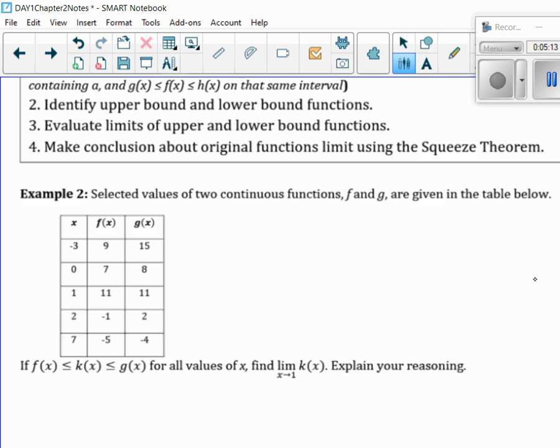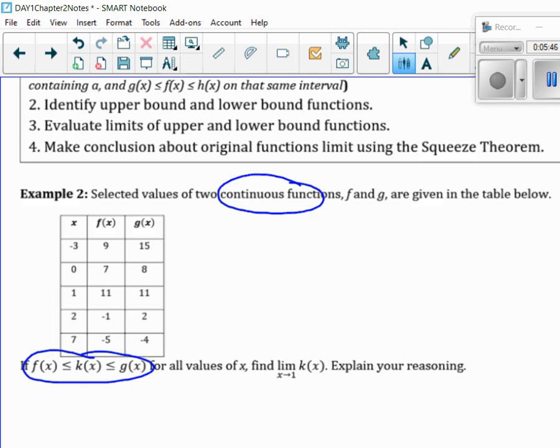The problem is they have to say it's continuous, and somewhere they have to state that the function you're talking about is in between. So those are the two conditions that have to be met. It has to be continuous, and either it's stated that they're between each other, or graphically you can see it, or you have the y values that you can sandwich them between.